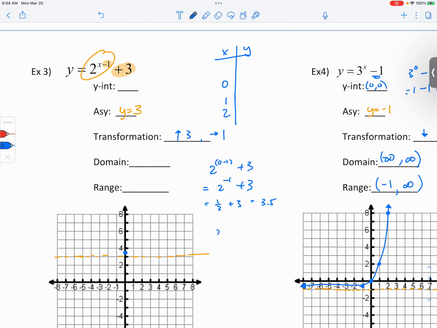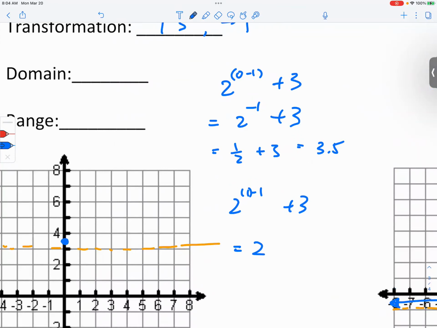And then you can continue to show your work. If x is 1, what would that be? So when x is 1, so you have 2 to the power of 1 minus 1, which is 0. 2 to the 0 power is 1. 1 plus 3 is 4.